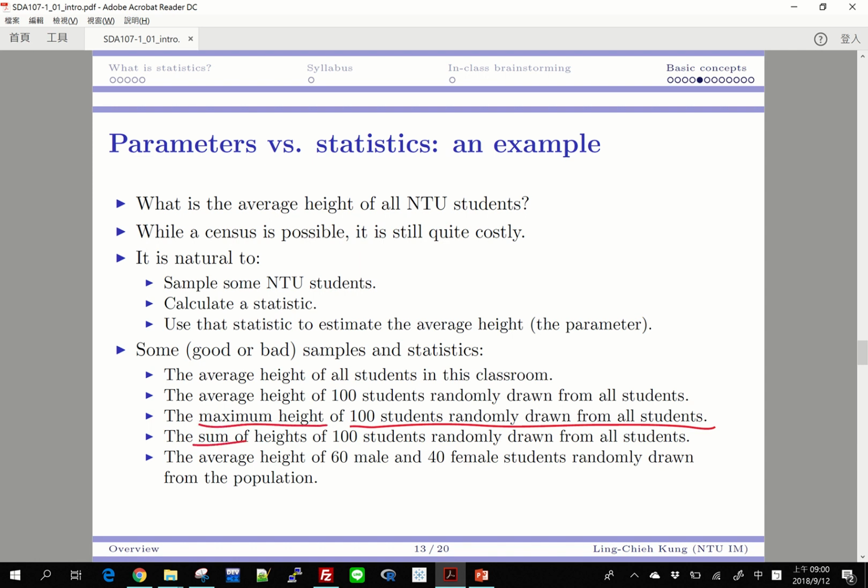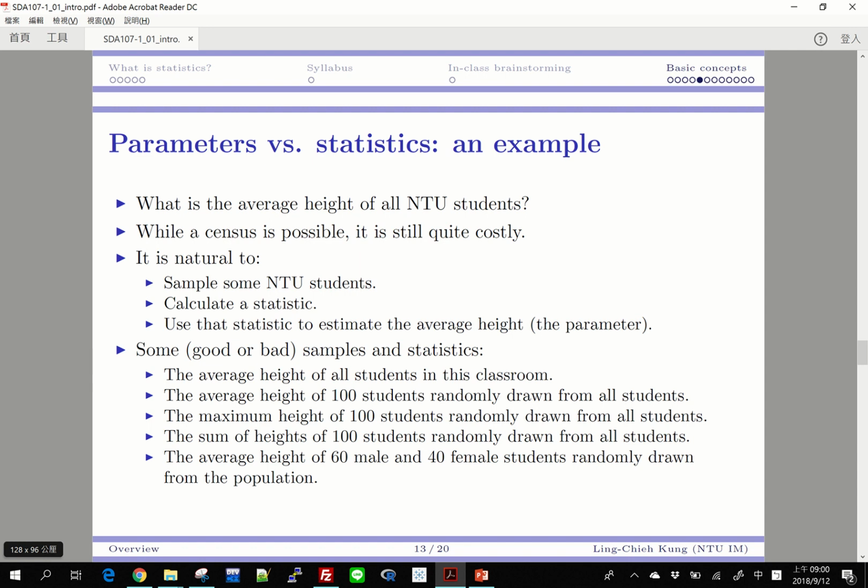I can also get their sum, or I can get whatever I like and claim that number is the population height. But obviously we would say, the average seems to be more reasonable because we are talking about average heights. What's the point of using that 100 students' maximum height to do the estimation? So all of them are statistics, but some are good and some are bad. In this case, using average is of course more reasonable than using, for example, maximum or sum.